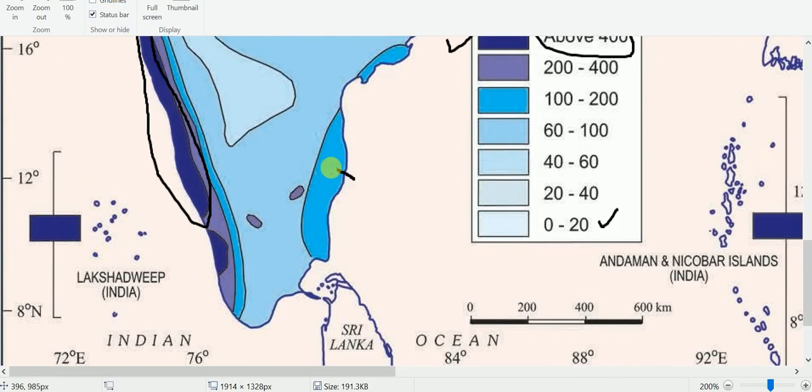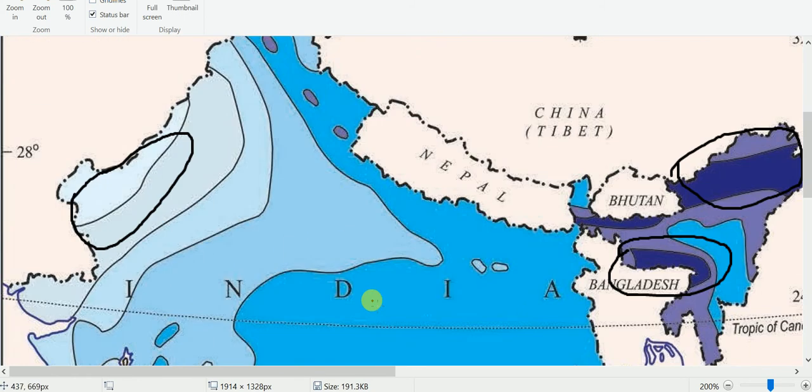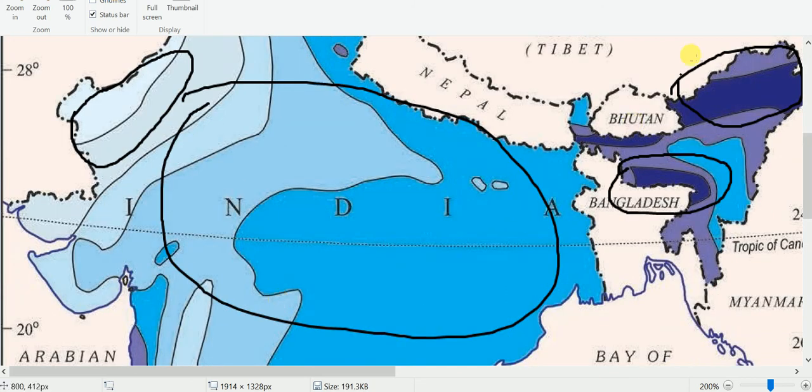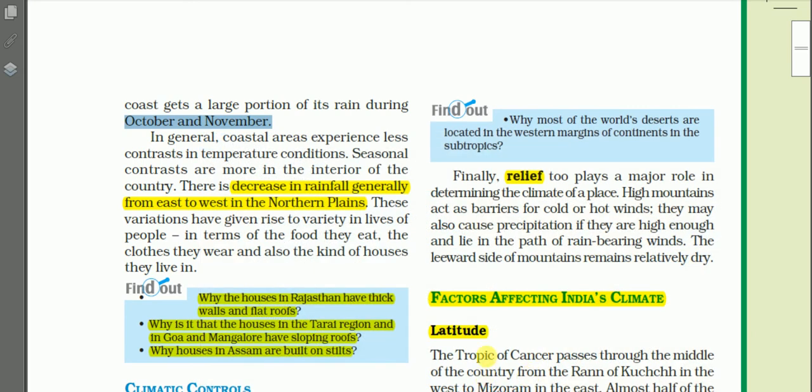The Tamil Nadu coast receives rainfall during winter, whereas the rest of India receives rainfall mainly from June to September. That is the point mentioned here.